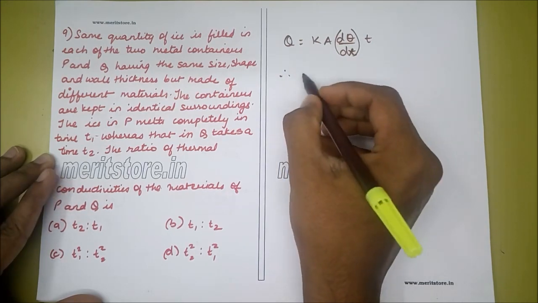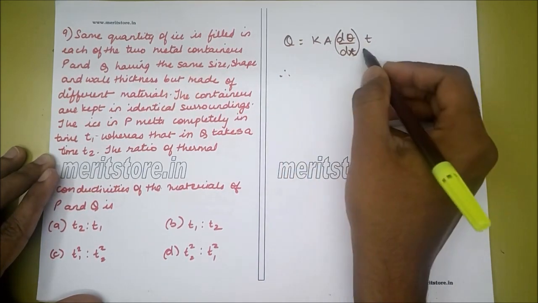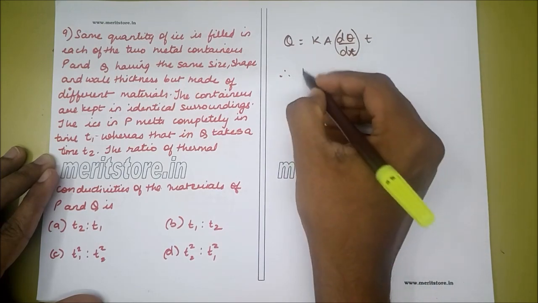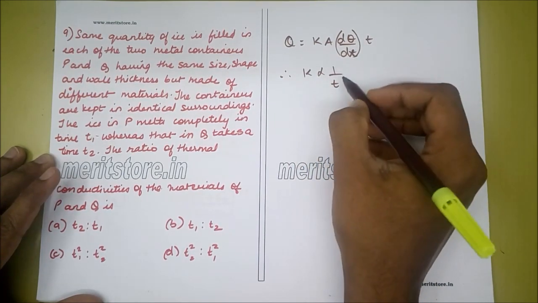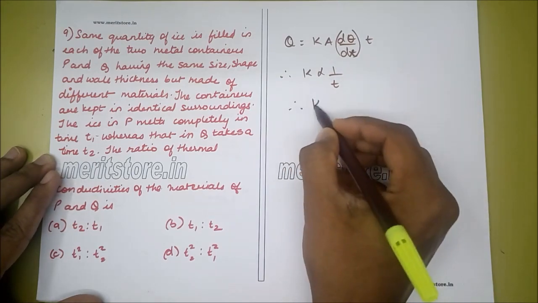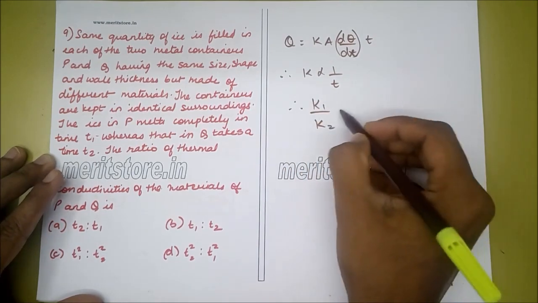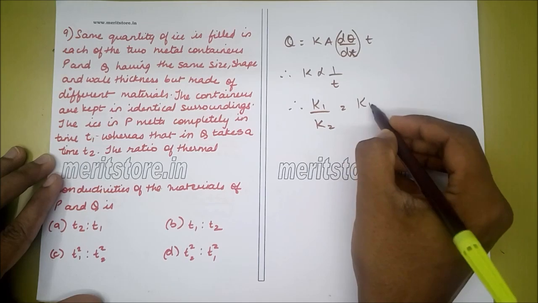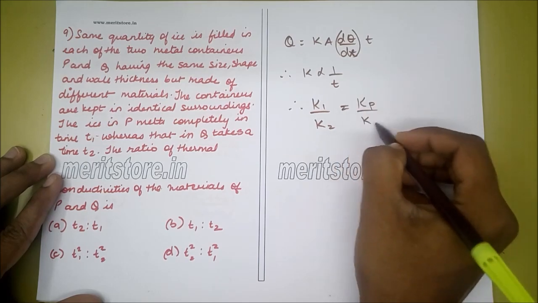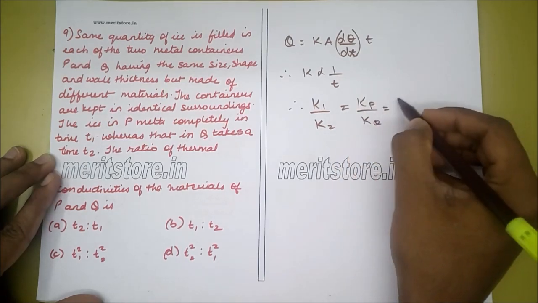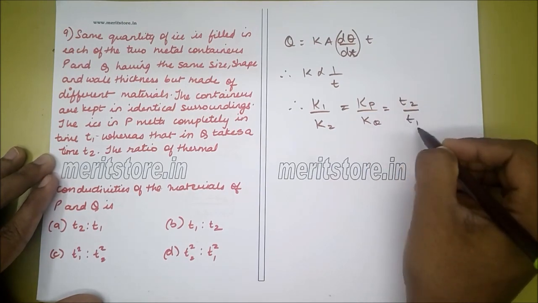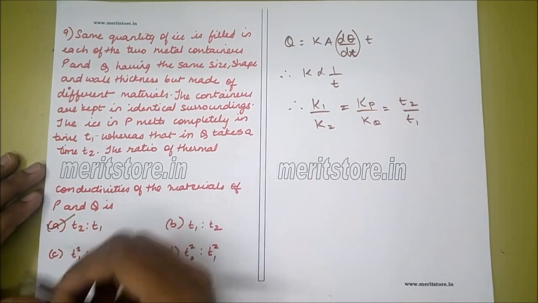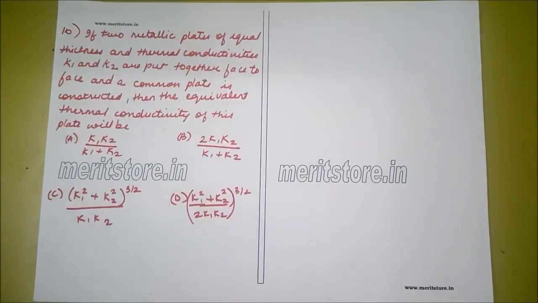So from this expression, by rearranging the terms, we can see that K is inversely proportional to the time T. So therefore K1 upon K2, that can be said as K of P upon K of Q, is nothing but T2 upon T1. Hence option A is the correct answer.